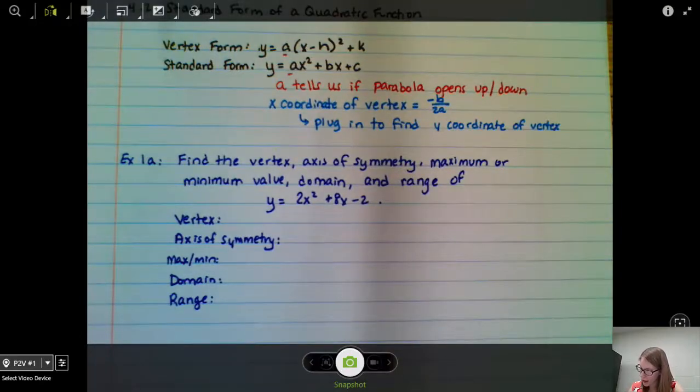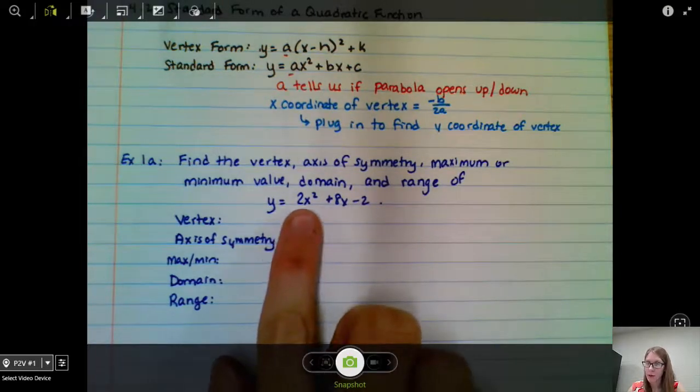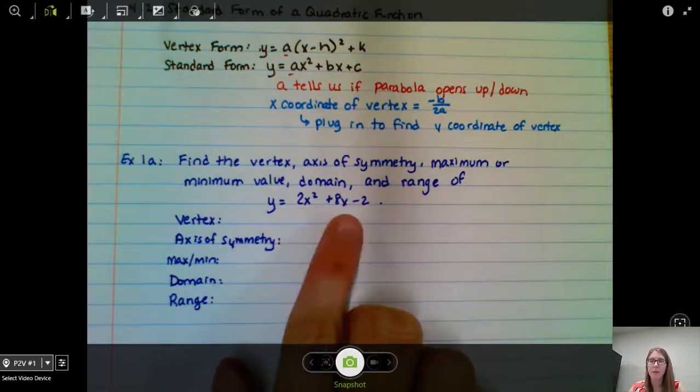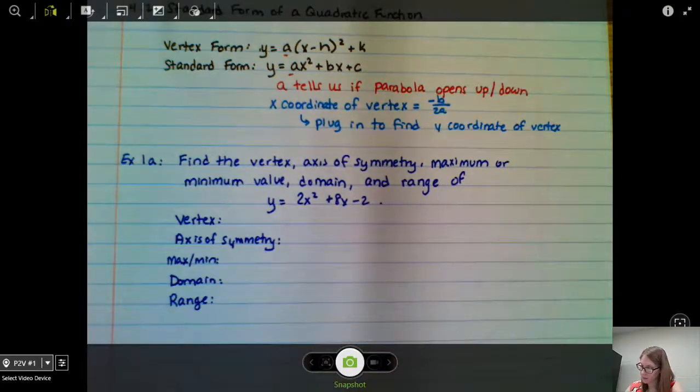Negative b over 2a tells us the x coordinate of our vertex. I'm looking at my equation here, looking at my function. A is always going to be attached to my x squared term. B is always going to be attached to my x term, and then c is my number at the end. Okay.